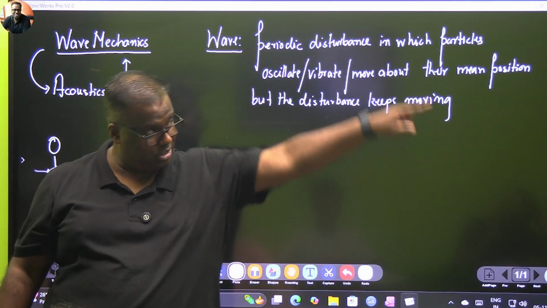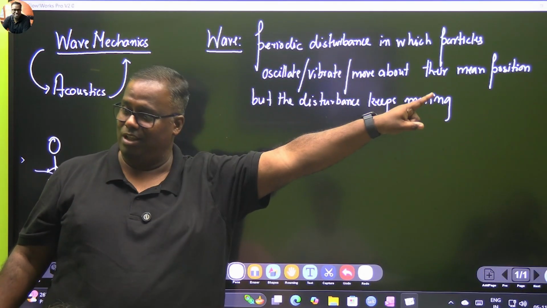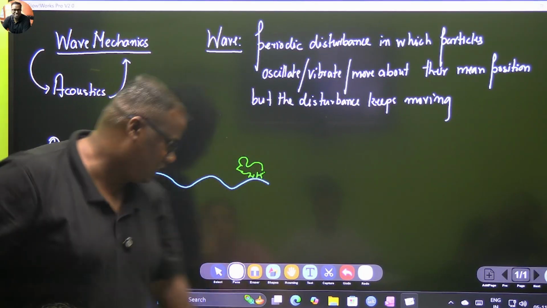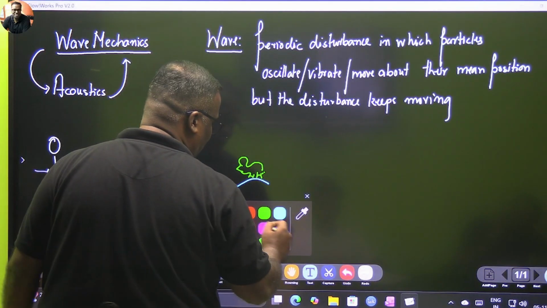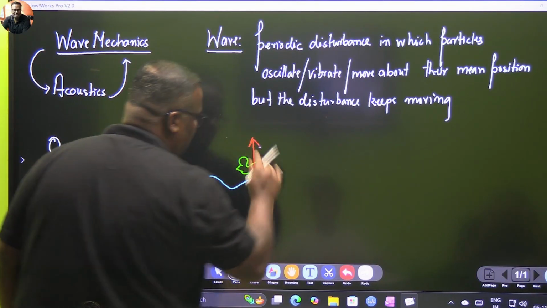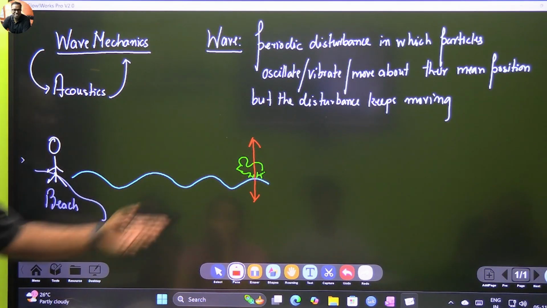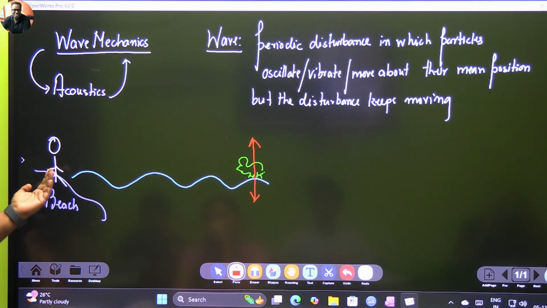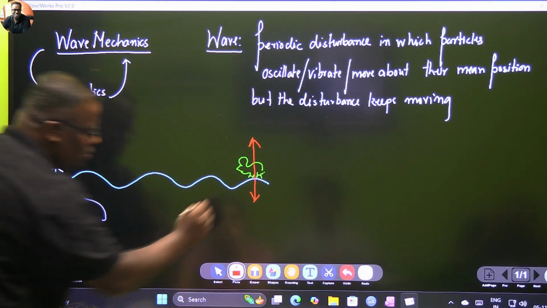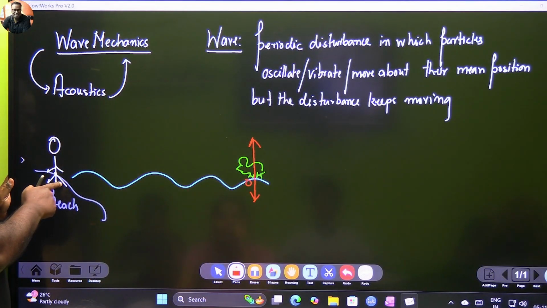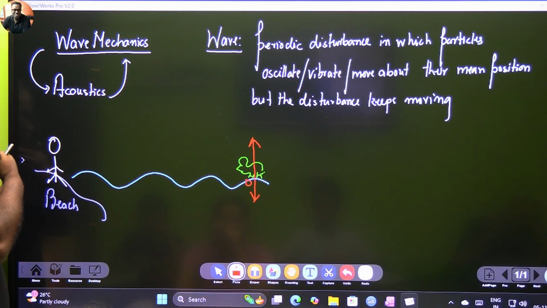The water at Gold Coast is there only. Only the disturbance is coming. How to understand? If that were the case, the seagull would just keep appearing and disappearing. You will see it keeps floating in its place. The disturbance comes to you. If there was a water molecule here, this water molecule never comes here. Had that been the case, everything would have been washed off.